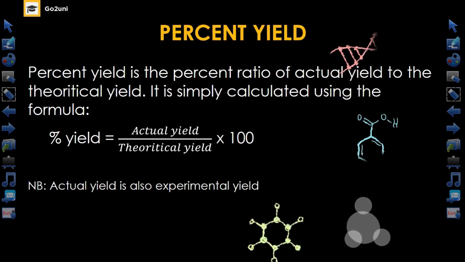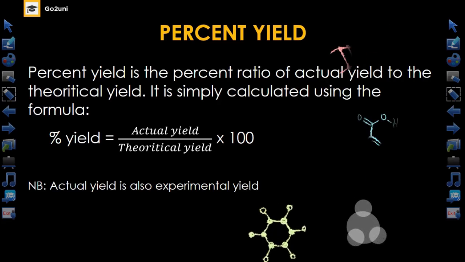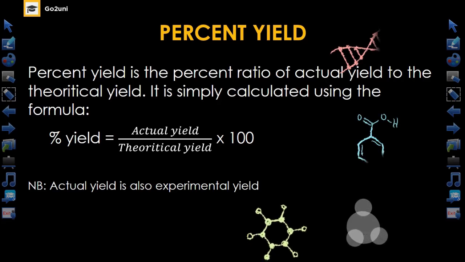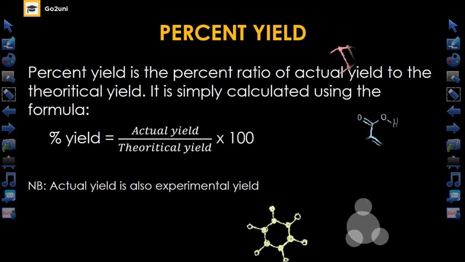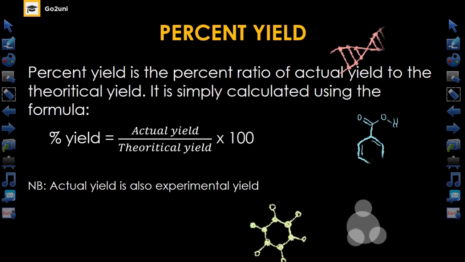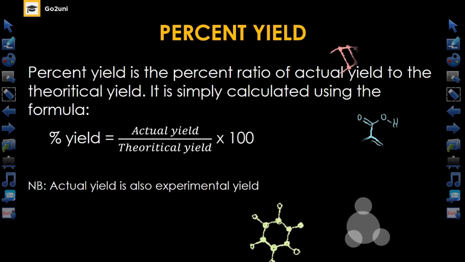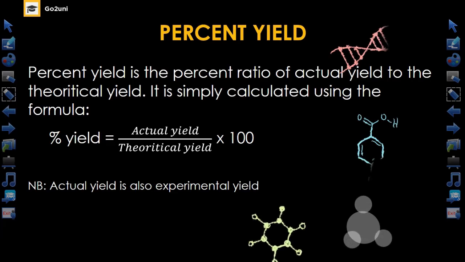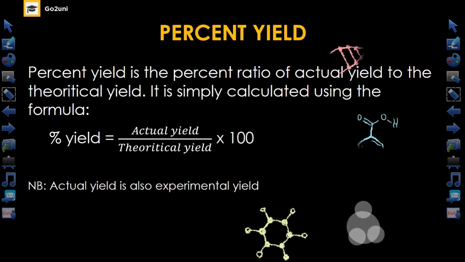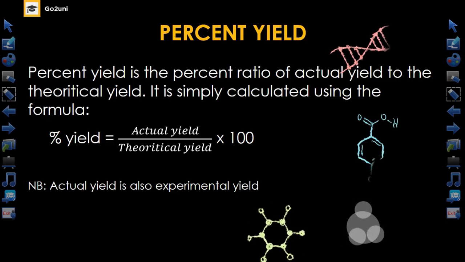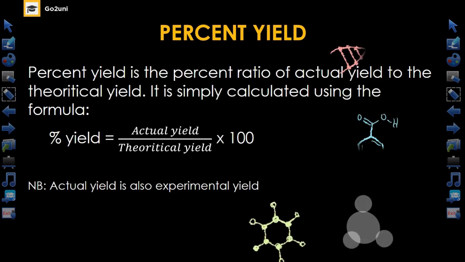Percent yield is simply the ratio of actual yield to theoretical yield. To calculate the percent yield of any given reaction, we use the formula: percent yield equals actual yield over theoretical yield times 100.